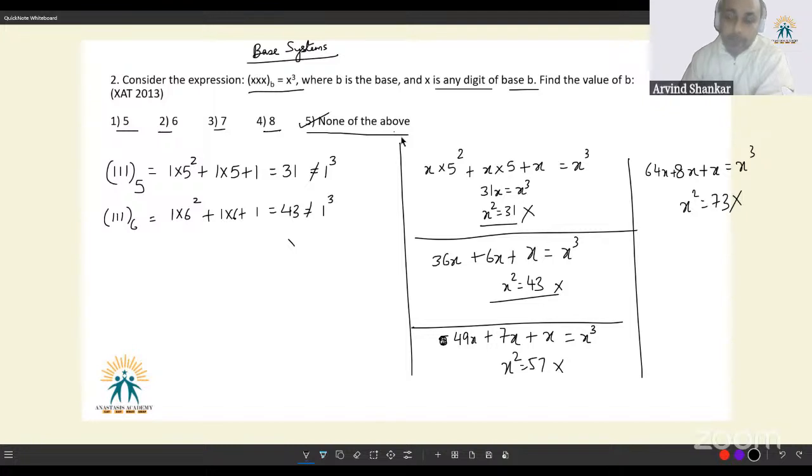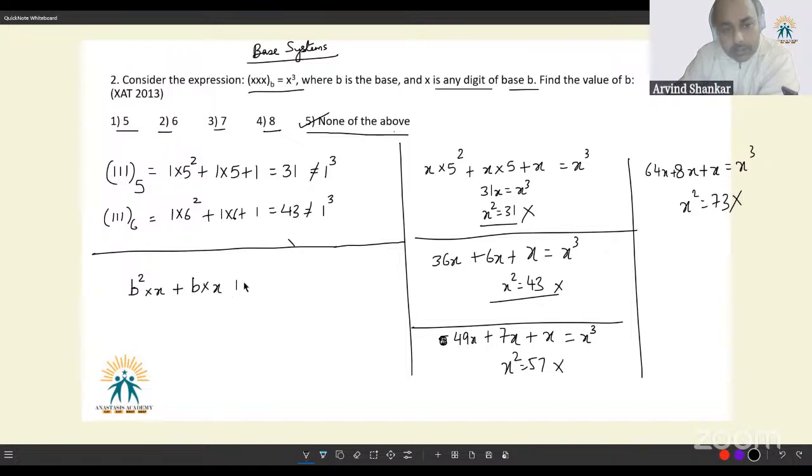as the answer here. The bad way of solving this would be, and perhaps the path that some of us technical people would have chosen is b square into x plus b into x plus x is equal to x cube. And once you're stuck here, then you start thinking of, is there any value that I can fit?